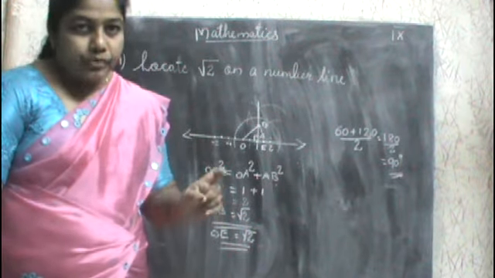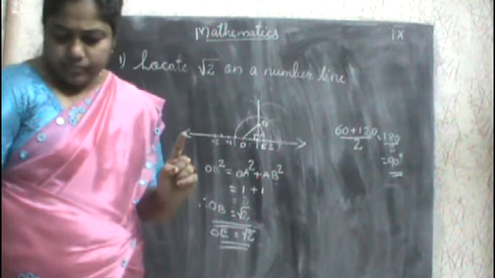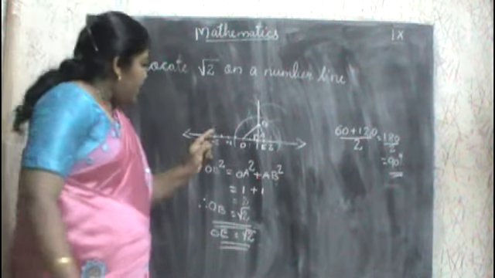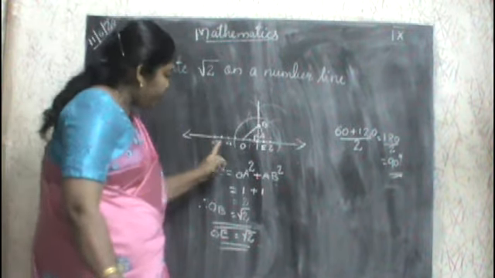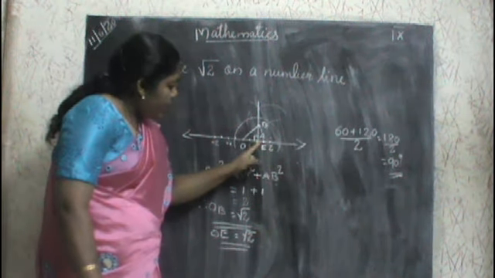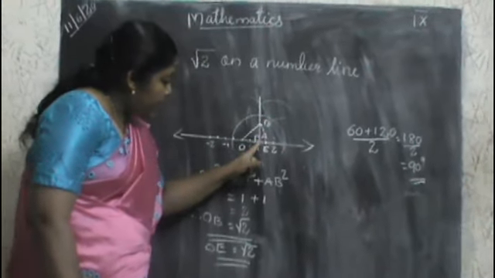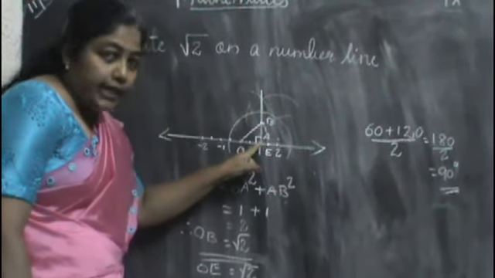Step 1, draw number line. Then step 2, take OA 1 centimeter and from A draw 90 degree.